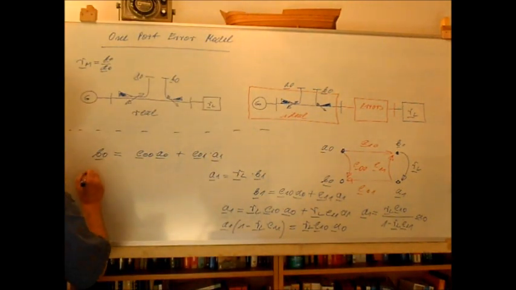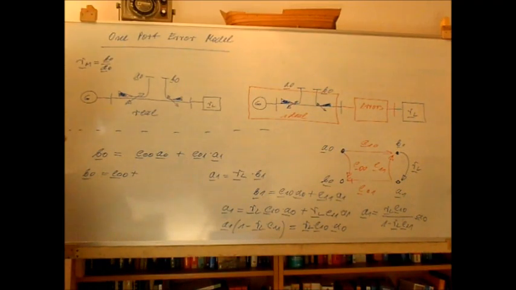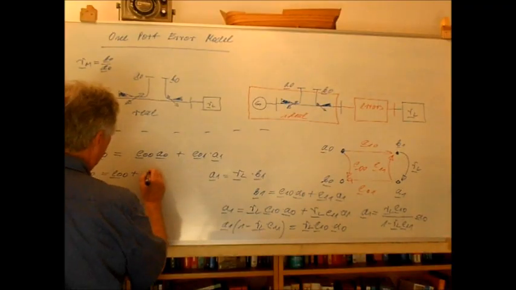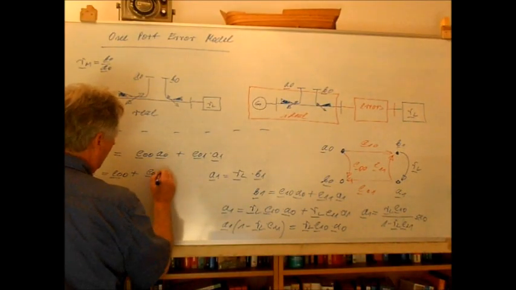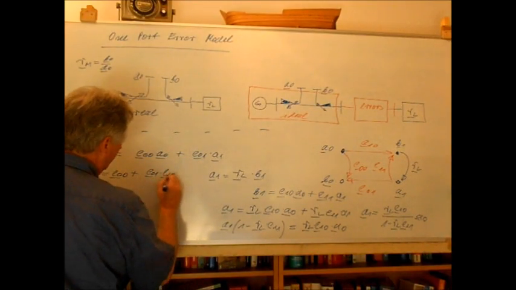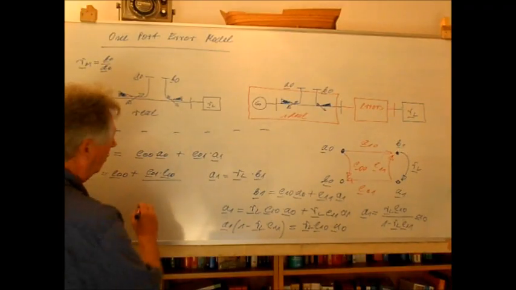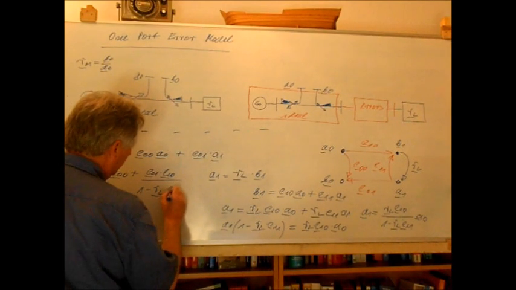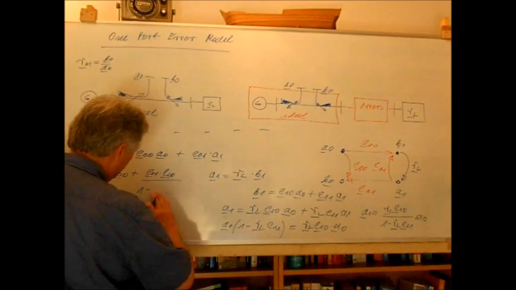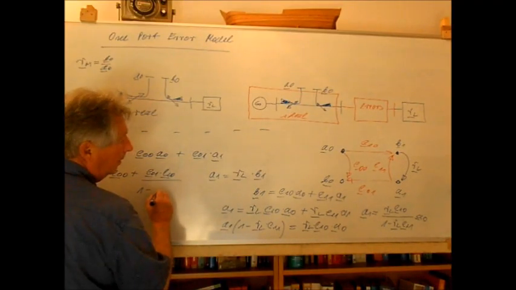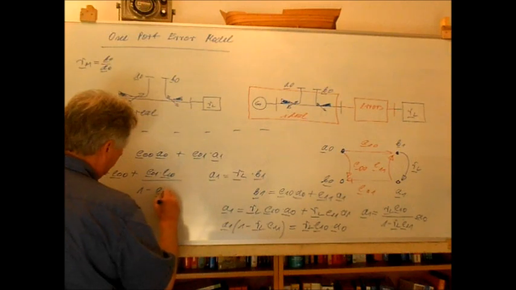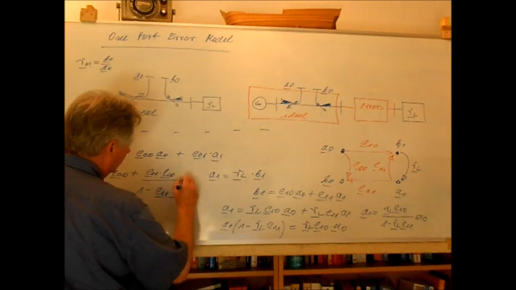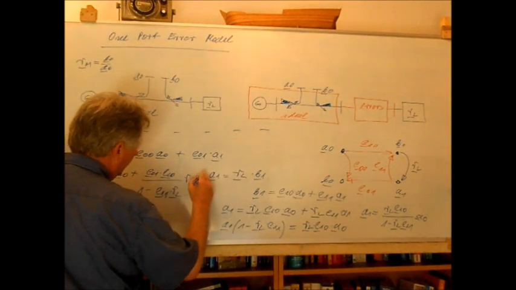Of course, this can now be inserted here. So here B0 will be E11 plus E01 times E10 divided by 1 minus RL times E11, times RL, times A0.